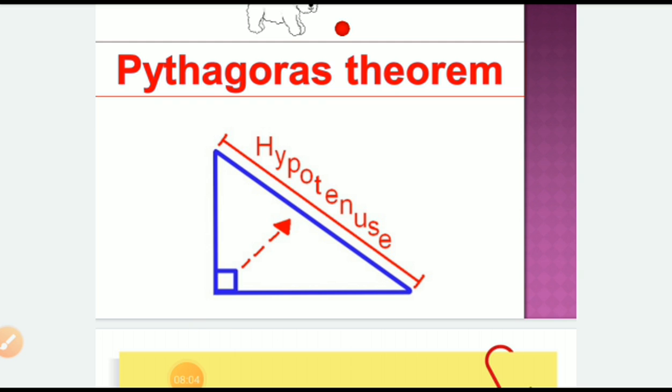See, Pythagoras theorem is used mainly for right angle triangles only. In a right angle triangle, the side opposite the right angle is called the hypotenuse. It is shown by a picture here. You can find it easily.